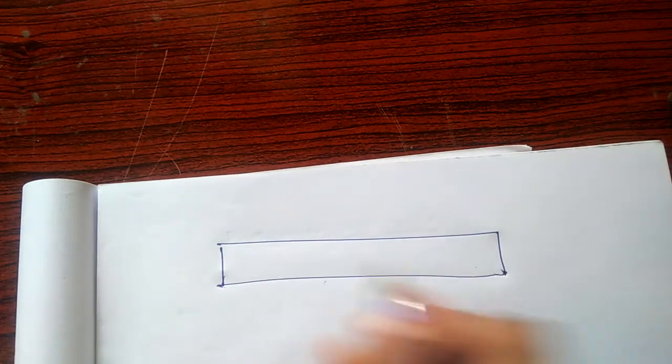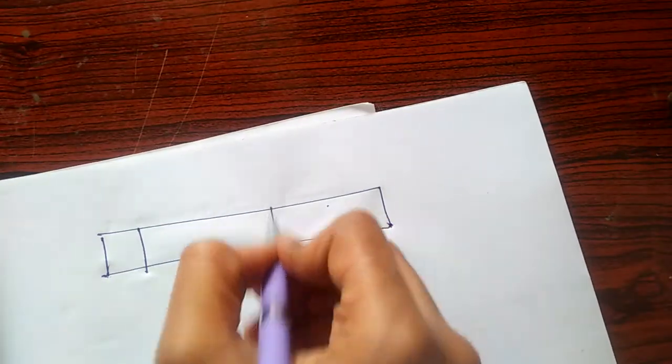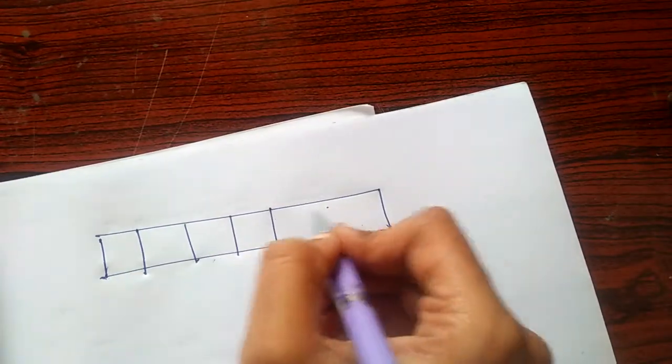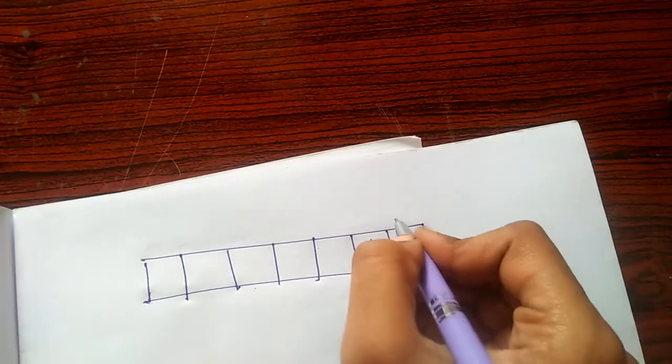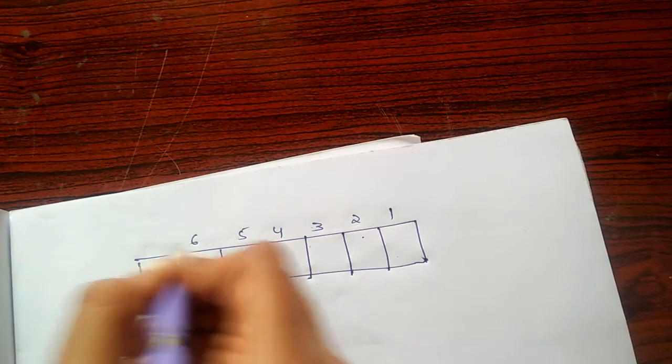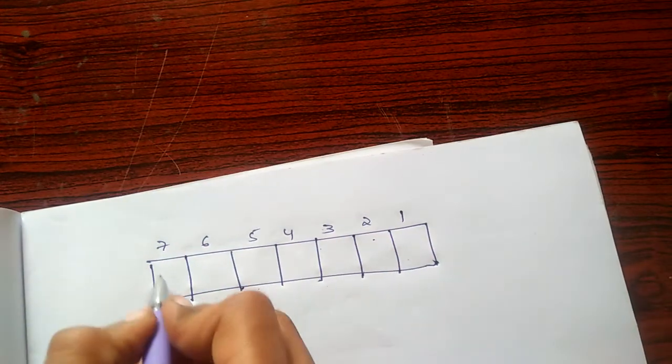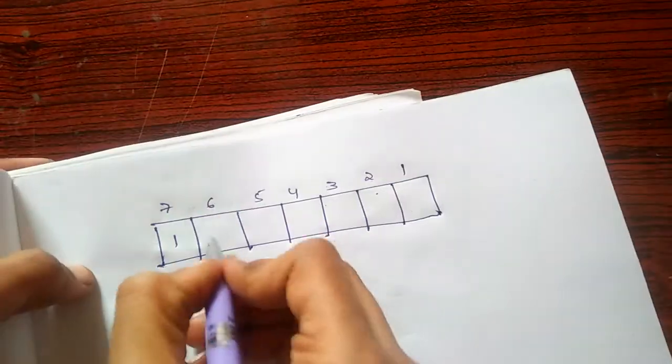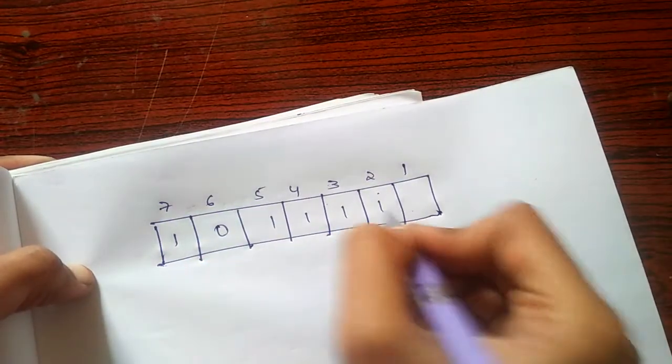Okay. See, I'll write here clearly. So positions 1, 2, 3, 4, 5, 6, 7. At the receiver, I got 1, 0, 1, 1, 1, 1, 1.